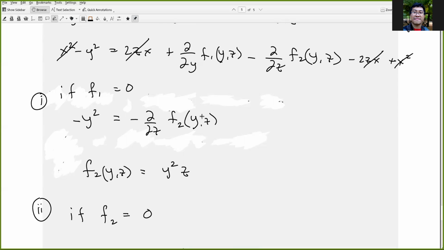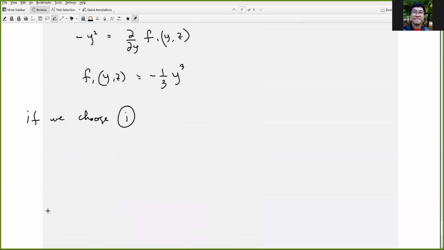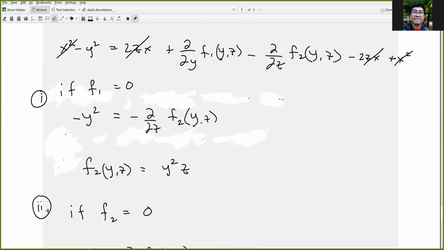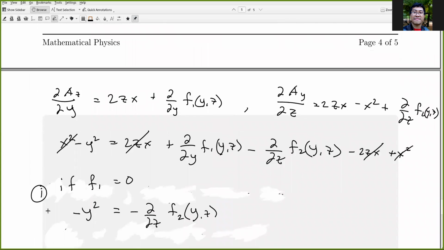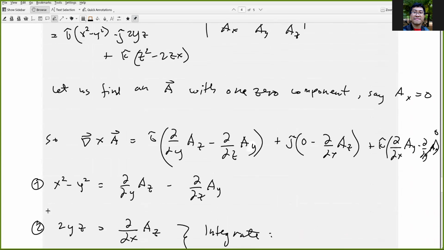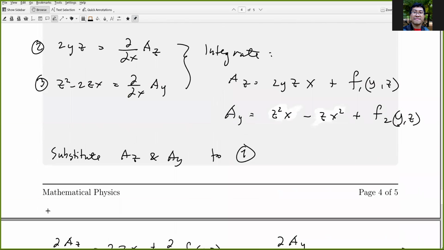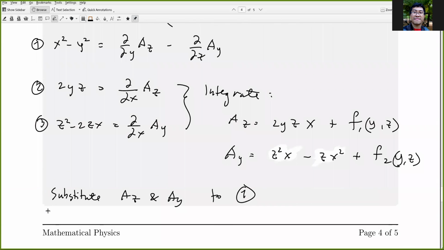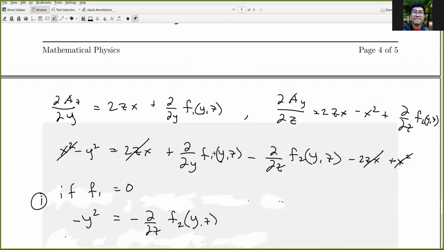And if you choose a different one, it would adjust to something else. So if you choose one, then f1 is 0, f2 is y squared z. We just substitute that to get an expression of az and ay here.